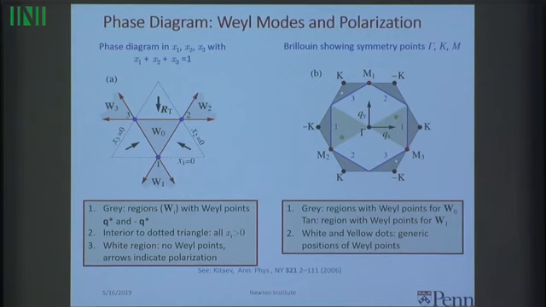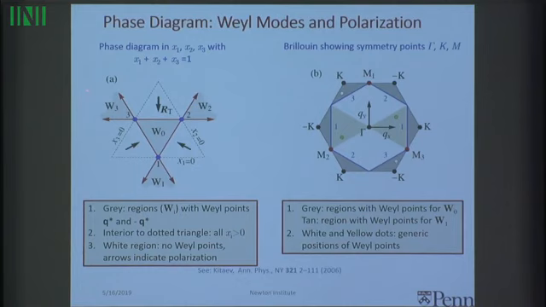So that means that we can have a phase diagram. I'll tell you what the phase diagram is, and then I will try to justify where it came from. So this is the x1, x2, x3. And I'm going to concentrate on the region where all of the x's are less than or equal to 1.